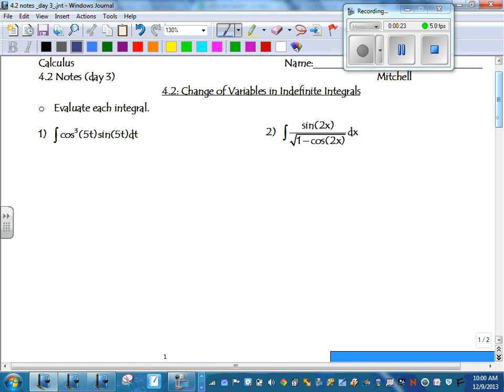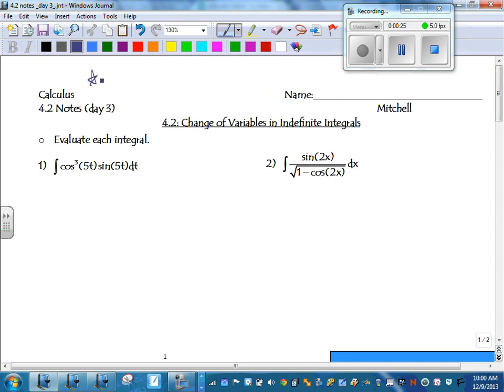So if we have sine and cosine, and one of them is raised to a power, that one is our u.